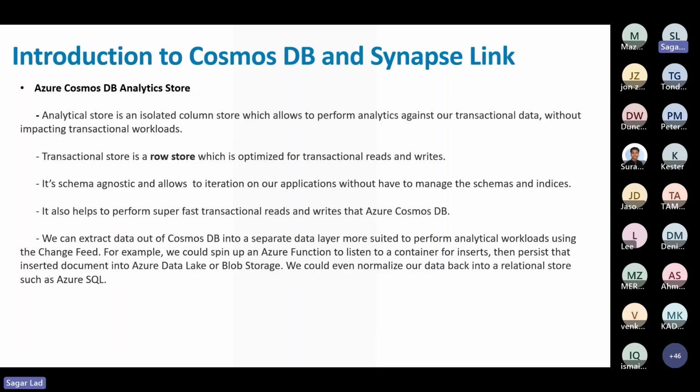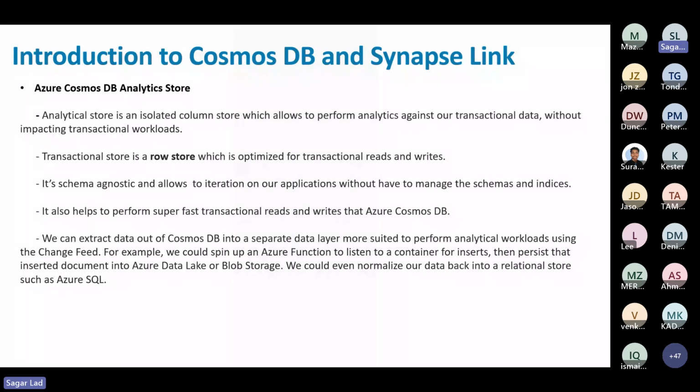This Cosmos DB analytical store is an isolated column store which allows you to perform analytics against the transactional data without impacting any transactional workload. Basically, it is a raw store which is optimized for transactional reads and writes. And it is also schema agnostic. For example, you are loading data right now which has 5 columns, and in future you will receive the same data source with maybe 10 columns.